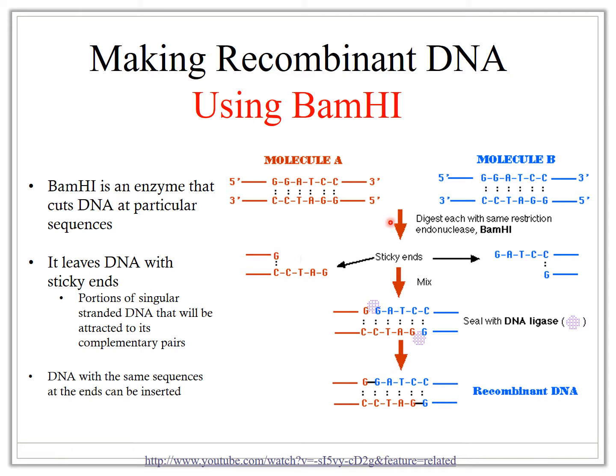And so if we see up at the top, this is one molecule of DNA, and then molecule B is another piece of DNA. This BamHI is able to cut this particular sequence, and you can see it cuts it at a jagged end, a jagged way.